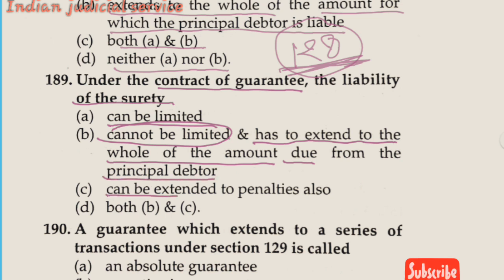Option C can be extended to penalty also, and option D both B and C. So according to the Contract Act, under the contract of guarantee, the liability of surety cannot be limited. It has to extend to the whole of the amount due from the principal debtor. So the answer here is option B.